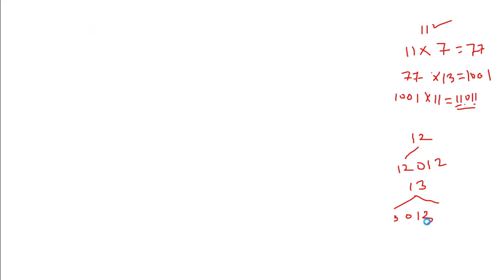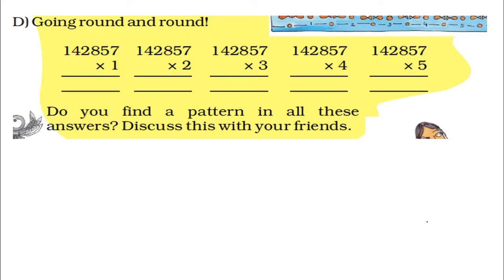So let us move next. Now see some questions going round and round. So we have a number 142857 and I am multiplying it with 1. So the answer will be same. If I will multiply it with 2, so answer will be this 285714. If I multiply it with 3, then the answer will be this 428571.